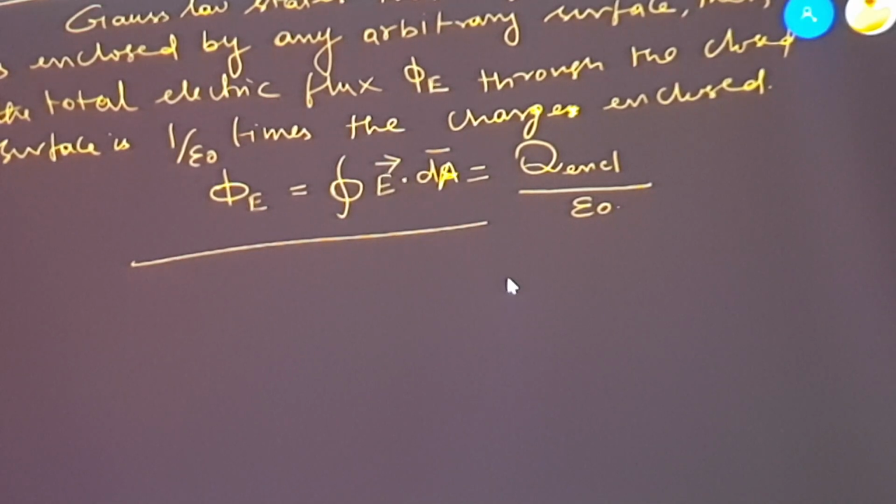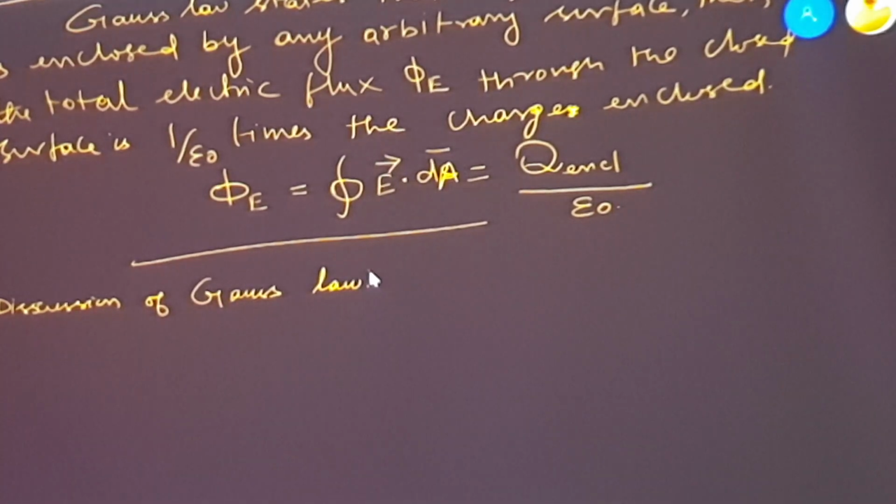See, after studying this Gauss law, we have to discuss about this Gauss law. So the next concept is the discussion of Gauss law. I will explain it in general and then go through it as it is in your book.